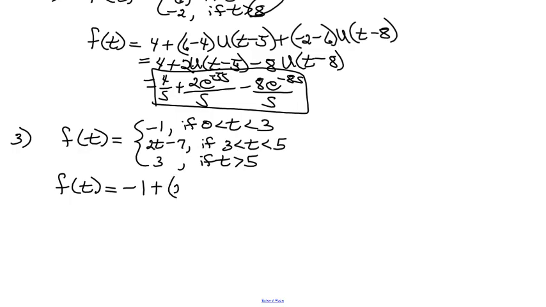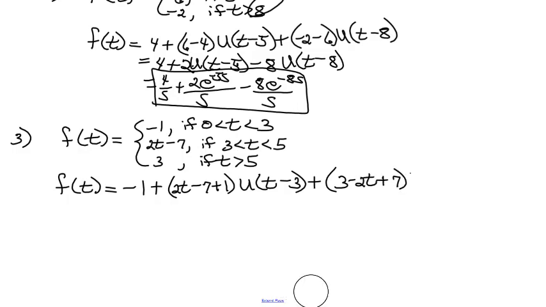So where I am at, 2t minus 7, minus where I was, minus a -1 is the same as plus 1, and that's going to be multiplied times the unit step function of t minus 3, because that's where that change in the function values occurred. Then the next piece and the last term would be the quantity 3, where I am at the last definition, minus both of those terms. 2t minus a -7 will give me a plus 7, and that's times u of t minus 5.